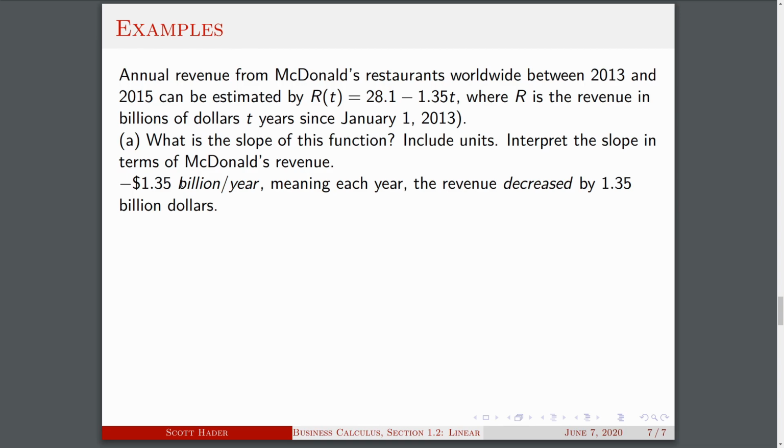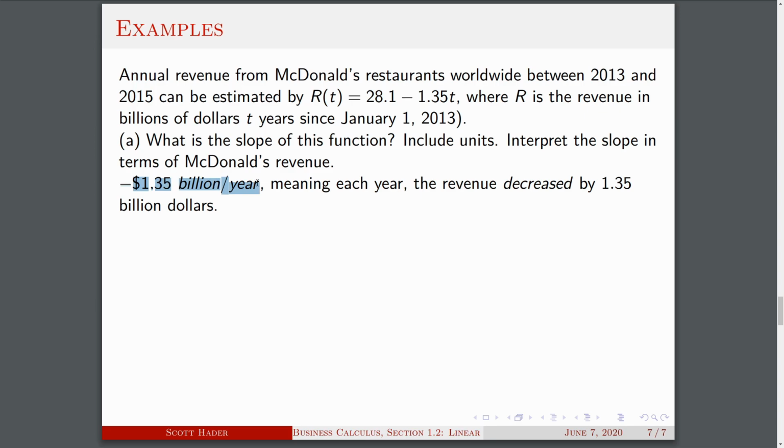So remember how we get the units. We take the units of the y variable over the units of the x variable. So the y variable, revenue, is measured in billions of dollars. So we put the dollar sign in front, so billions of dollars, and then we divide by the x variable, years. But remember, we just divide by 1 unit of the x variable, so it's just 1 year.